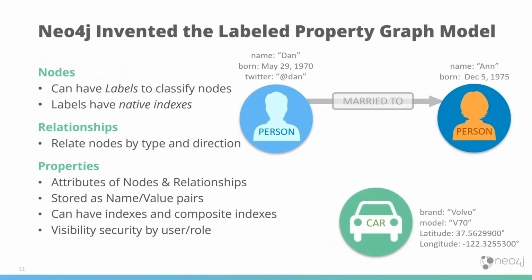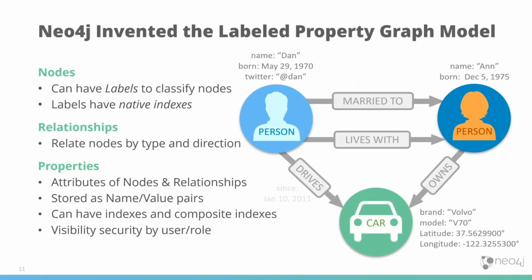So you'll recall that we invented the labeled property graph model. What this means is we have the core fundamentals of the graph: you have nodes that can have names and labels to classify what they are. They have native indexes, so it's very, very fast to both put them into the database and then, of course, retrieve the information or append the information to them.